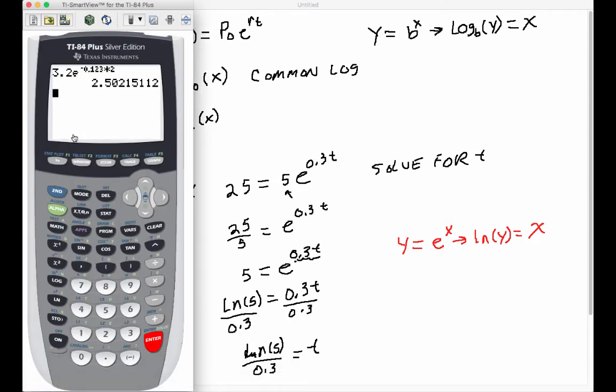And so to do a decimal approximation of that, I'm going to come in here, clean out my home screen, and let's say ln of 5, close off my parentheses, divided by 0.3, and voila. That is the exponent I need to raise an e to, times 0.3, of course, and then multiply that times 5, and I'll get back 25. All right, I'll let you verify that on your own.